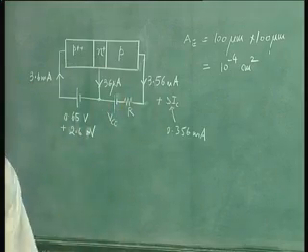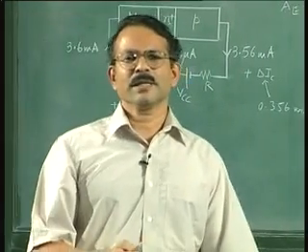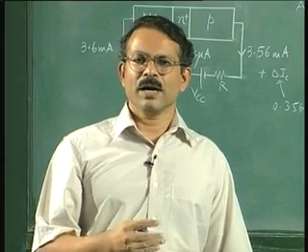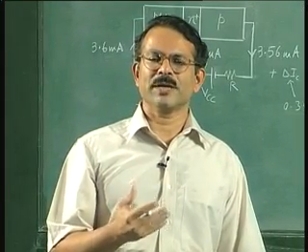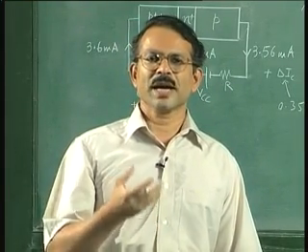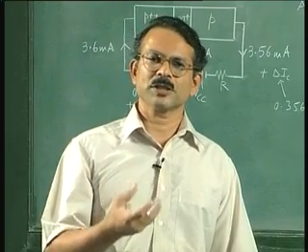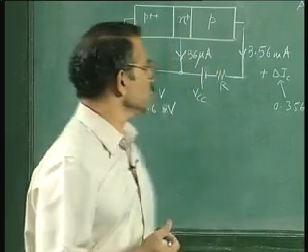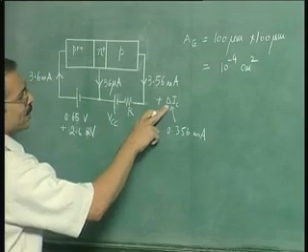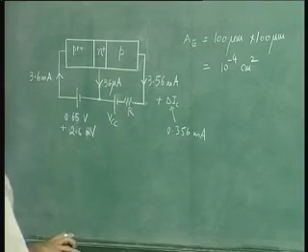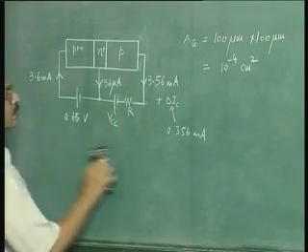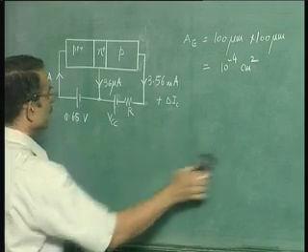It is no more a small signal condition, but still let us assume that we are trying to operate our device so that we can get the maximum change in the collector current, and maximum possible output voltage swing.